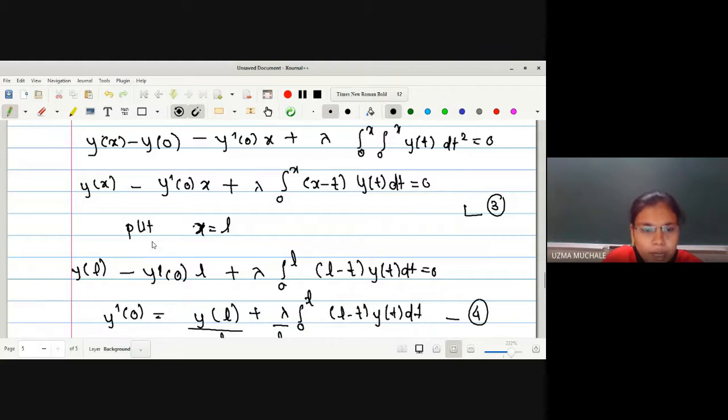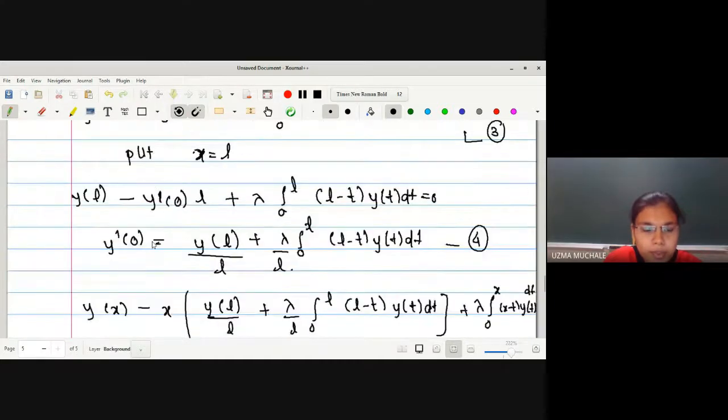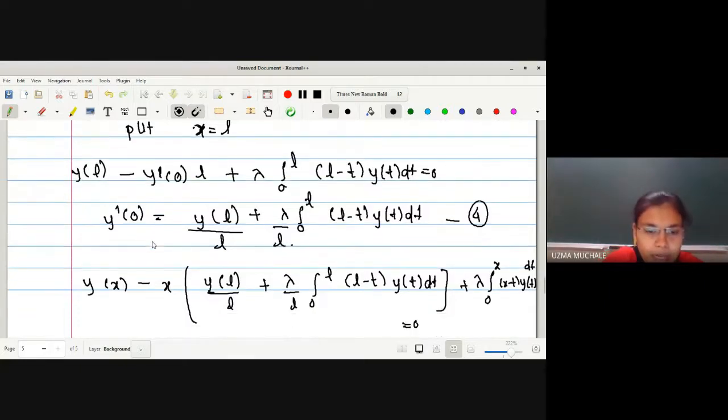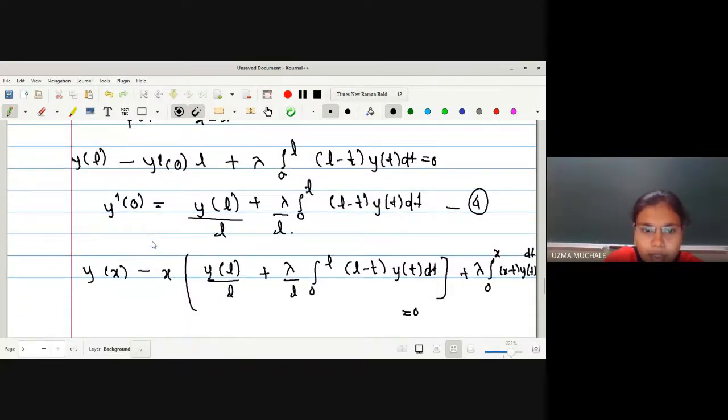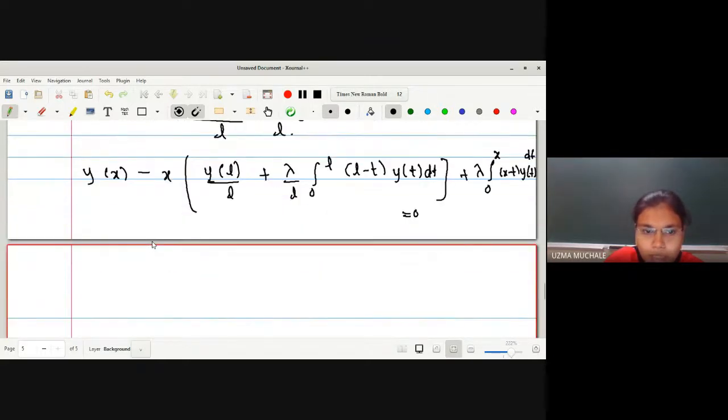So to find the value of y dash of 0, we substituted the value of x equal to L. After substituting x equal to L, just like in the method x equal to b, we get the value of y dash of 0. And hence we substitute this in equation 4. Equation 4, we have to substitute in equation 3 and we get the result. Is there any doubt?